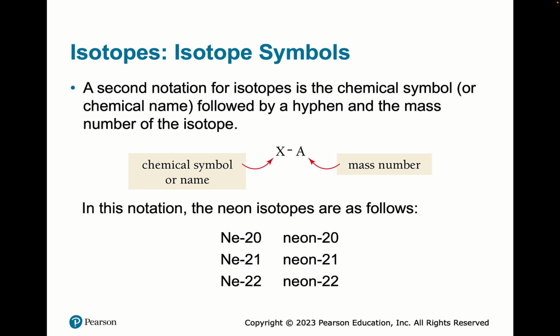These are two very different things. So it is important that you follow which letter is capitalized and which one is not. You can write the word neon, or you can use capital N, little e, and then with the hyphen 20, that says neon 20. That refers to the total mass number, not necessarily the number of neutrons. That's the total mass number.